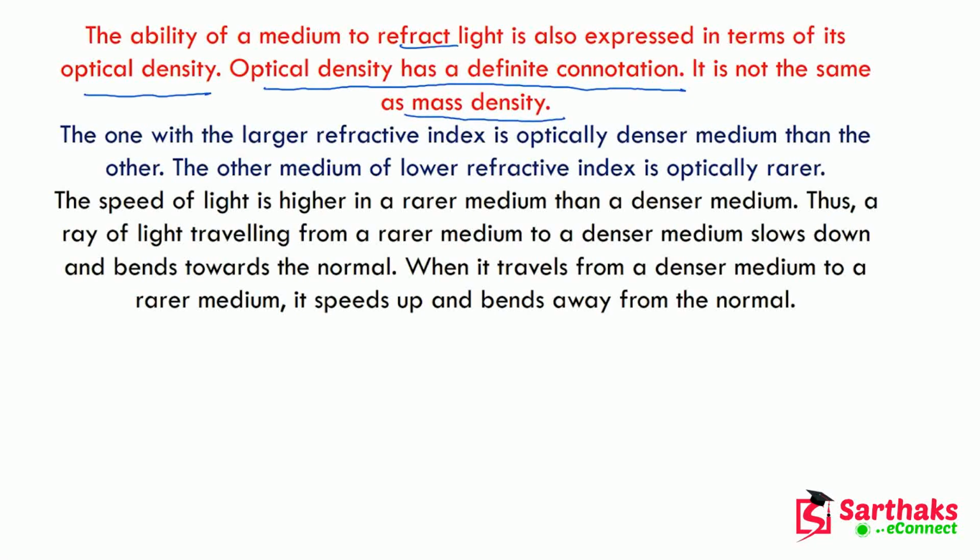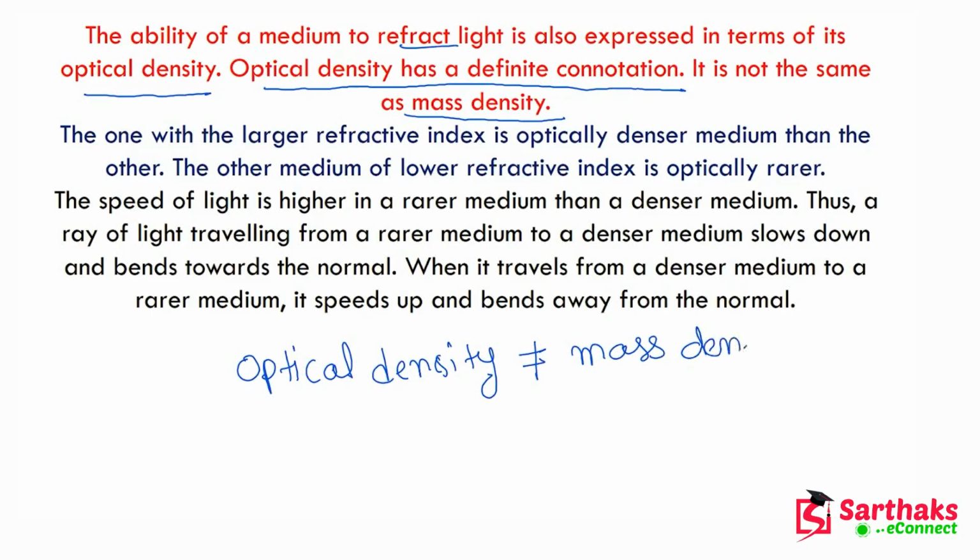This line I already explained to you in the previous slide, that optical density which we talk about here is different from the mass density. Many times students get confused between these two terms. This is different and this is different.